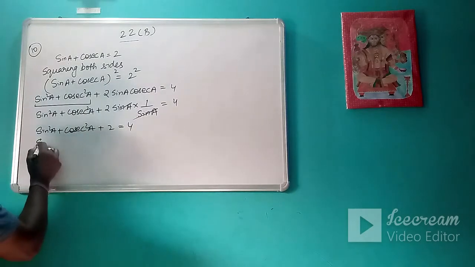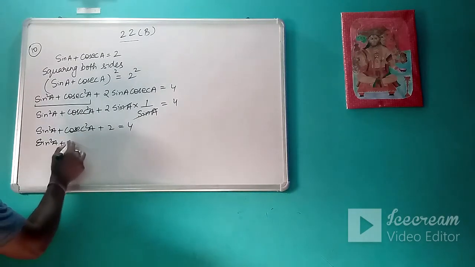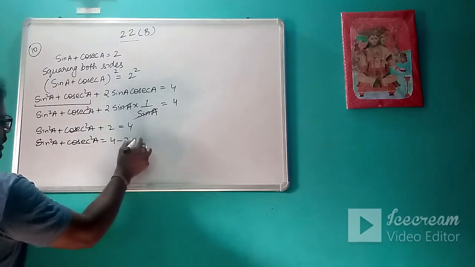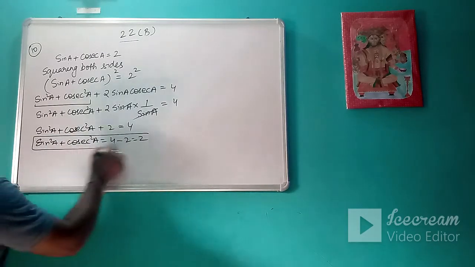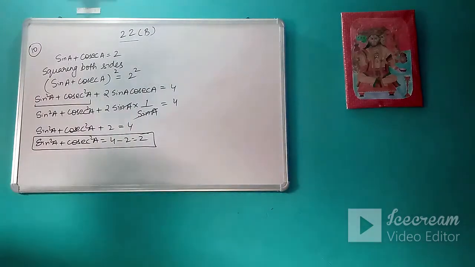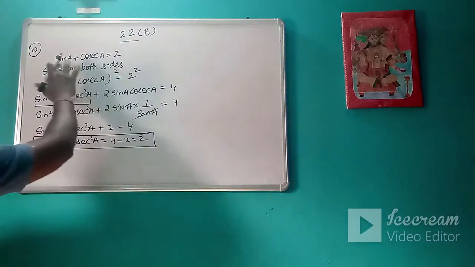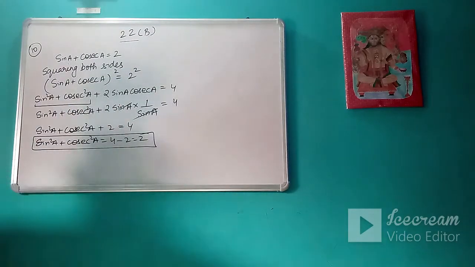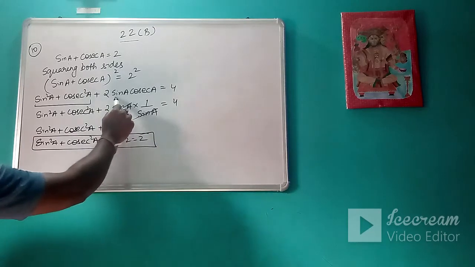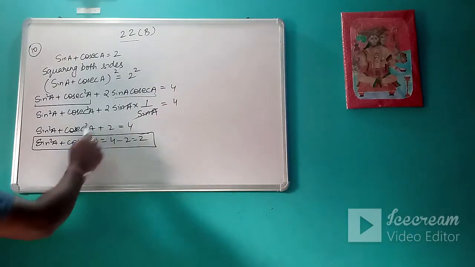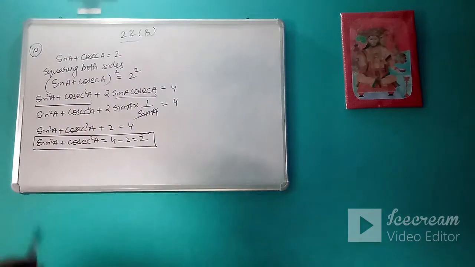That means, what is your sin square A plus cosec square A? 4 minus 2, that is 2. Okay, so this will be your answer. So like this you can solve. You just do the whole square on both sides, then you use (a plus b) whole square, then you use the reciprocal relations that we have studied in this chapter. So you will get the answer like this.